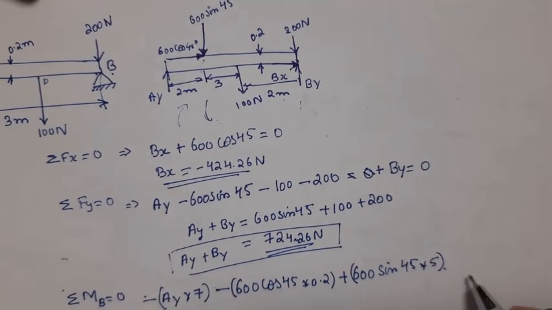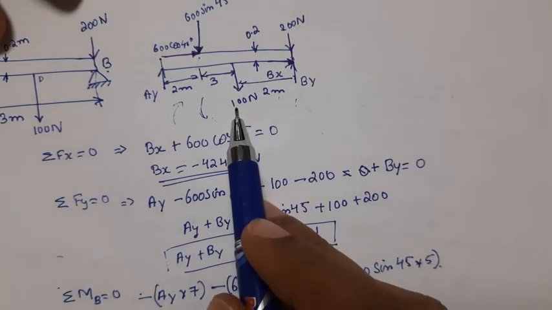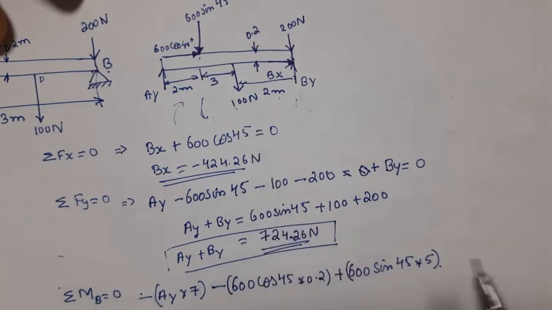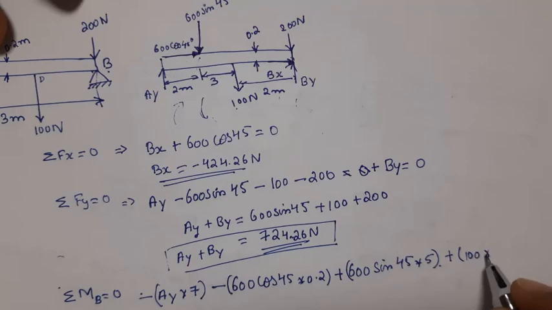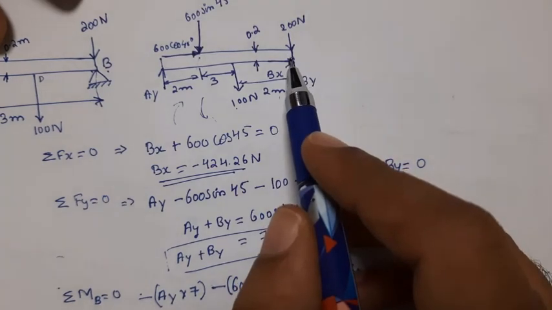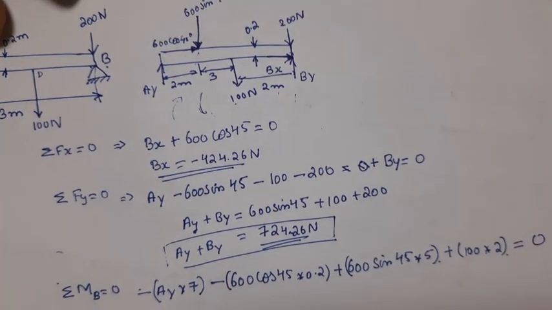Then next we have the force of 100 Newton. This also is acting in the anti-clockwise direction, so it will be plus 100 into 2. Now this force will be 200 into 0, so we need not consider it, that is equal to 0.